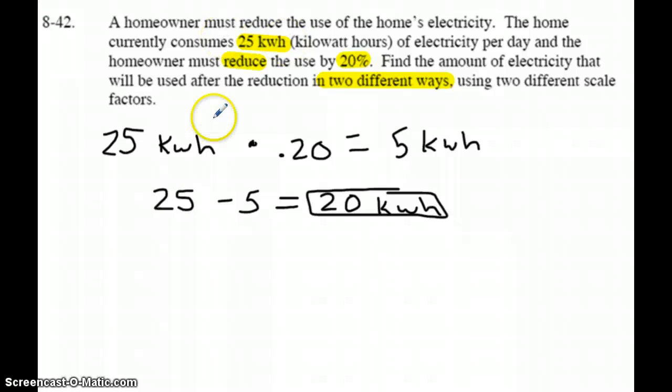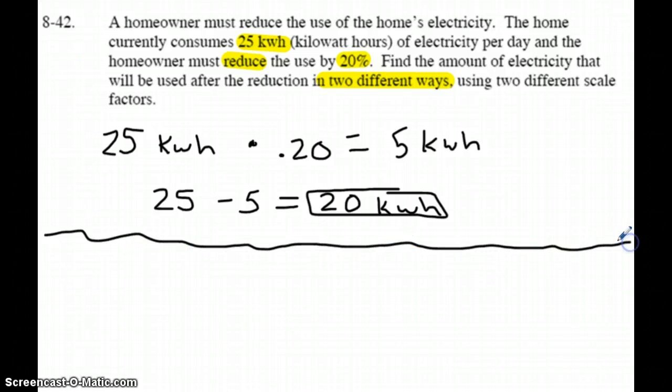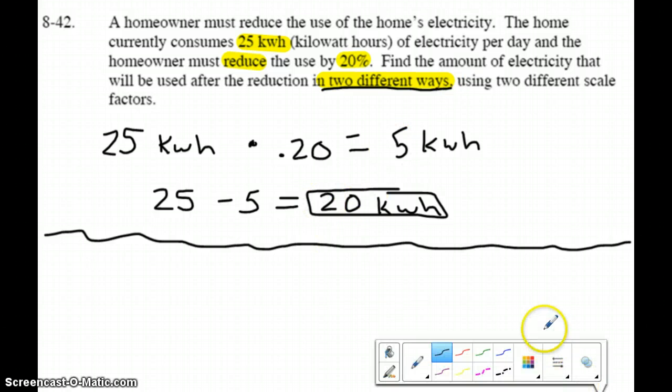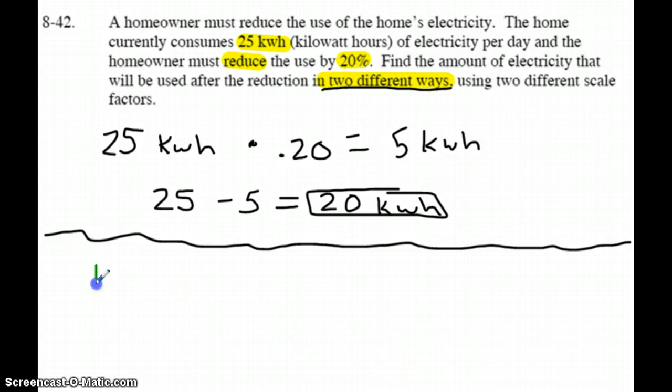Now, what I was trying to show a lot of you yesterday and wasn't really working out too well is the second way. And like it says up here in the problem, we have to do it two different ways. So what I would like to do is say, all right, well, we have 100%. And we have to reduce it by 20%.